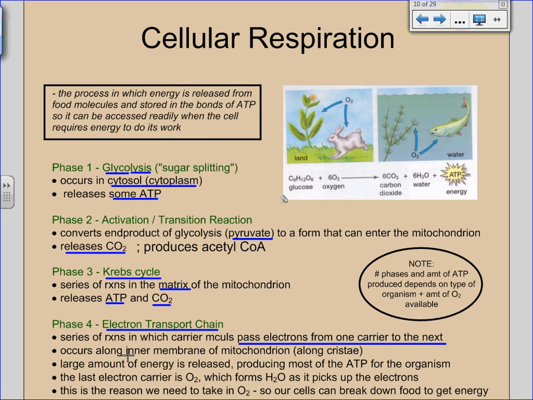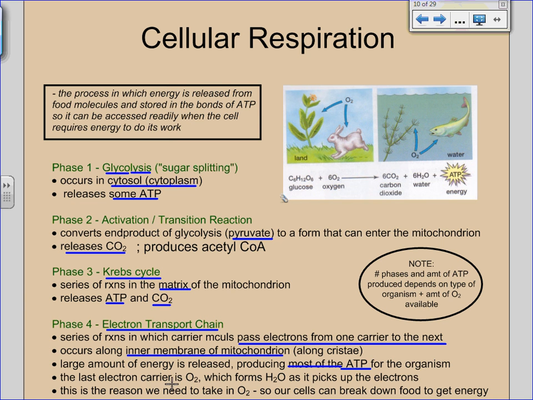The carriers are found on the inner membrane of the mitochondrion, so along the cristae or folds. And a large amount of energy is released, which is coupled with production of ATP for the organism. So most of the ATP that's produced is produced at this part or during this phase.